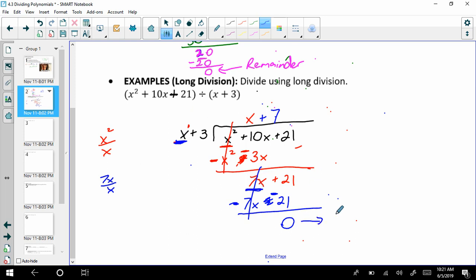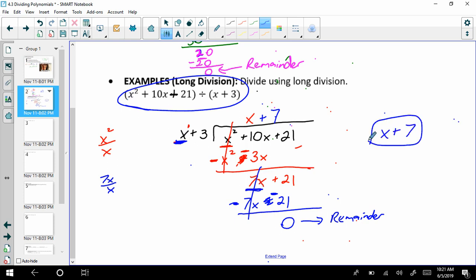And this represents my remainder. I don't have a remainder on this problem, which means this polynomial divided in cleanly. So my answer, if I asked you what is the answer after dividing these two things, is x plus 7.